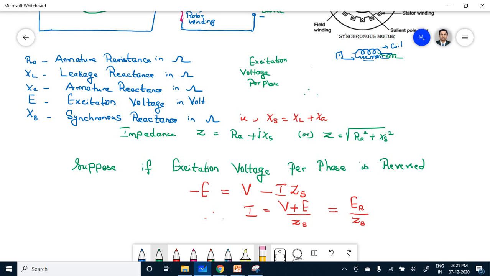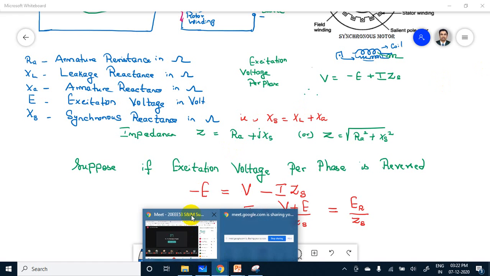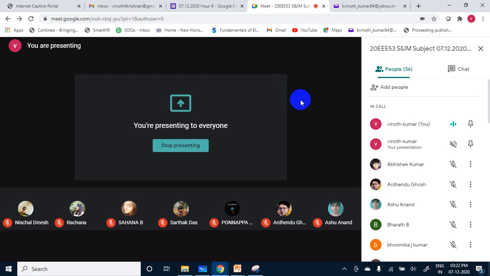Now excitation voltage per phase V equal to minus E plus I into Zs. Okay, where I Zs is the impedance drop in the winding. V is the applied voltage, E is the counter EMF, or we can say back EMF or excitation voltage per phase.